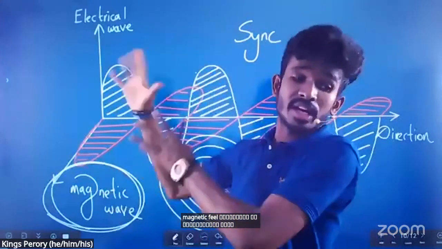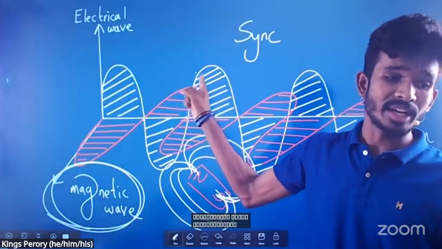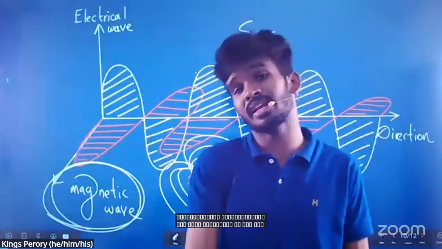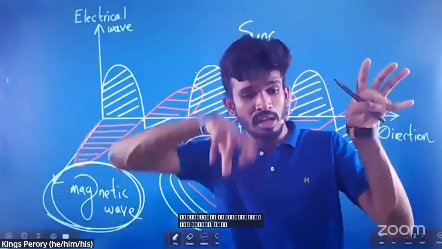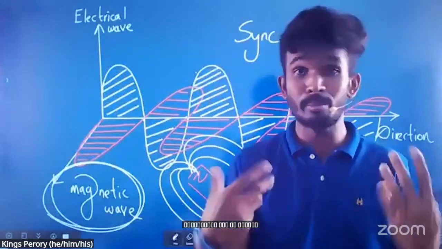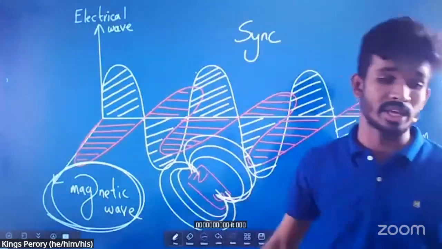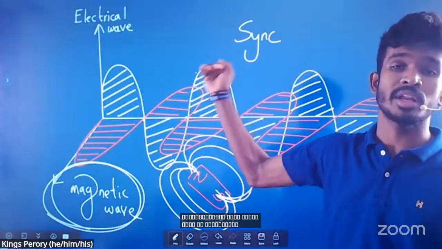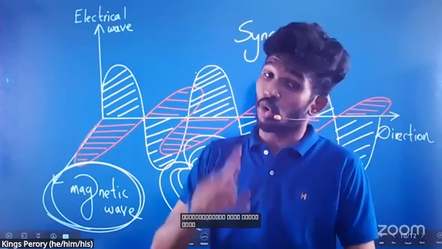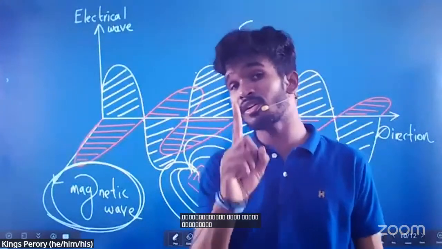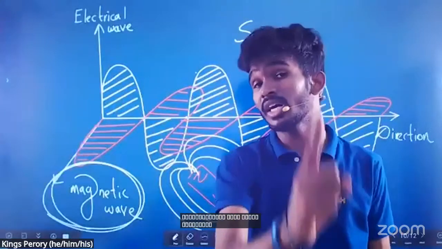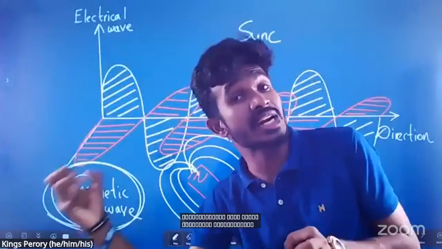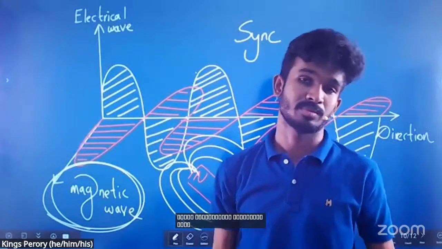Same with the electrical wave. This electrical wave is not affected by any external electrical wave. Normally, one electrical wave will affect another electrical wave and can bend it. That won't happen here. So remember, electromagnetic waves are not affected by external electrical and external magnetic waves.